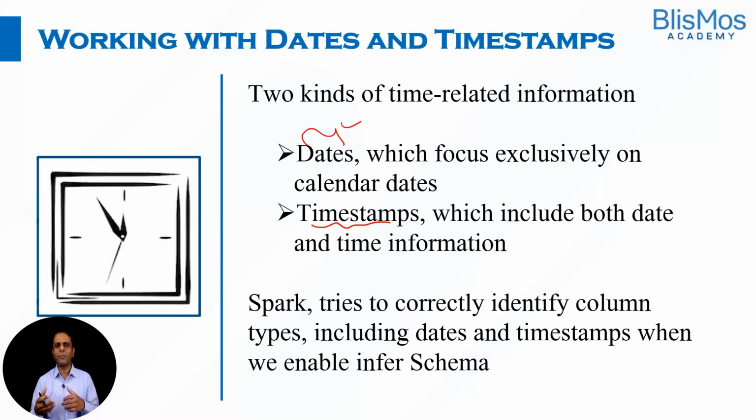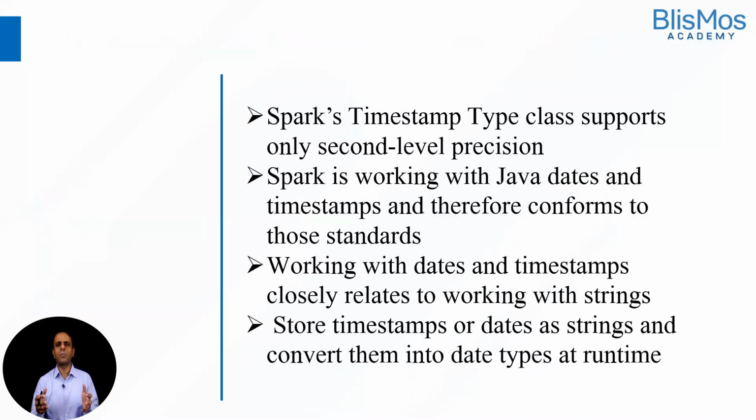When you infer schema, it will try to identify the date columns as much as possible, ensure that the date and timestamp columns are identified properly, and build a schema with that. In most cases, with the data I am using, it has identified the timestamp correctly. But when you are creating your own schema, it is better to explicitly define whether it is a timestamp or a date. That also needs to be done.